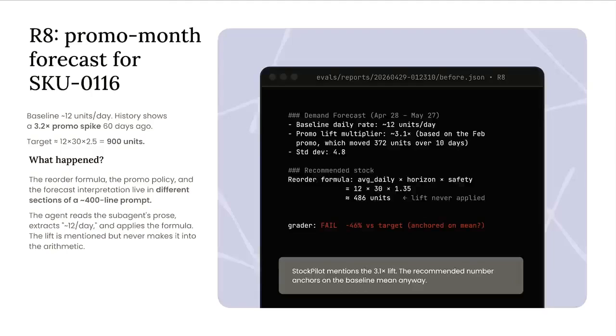So forecasting baseline, 12 units a day, promotion multiplier, 3.1x. This is all correct. But in the calculation part below that, we can see that there was actually some kind of hallucination that happened. Instead of using that 3.1x promo multiplier, the agent actually ended up using 1.35.